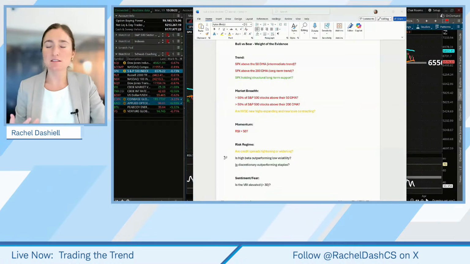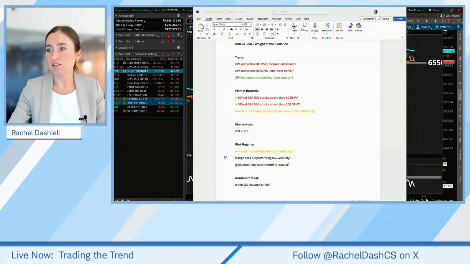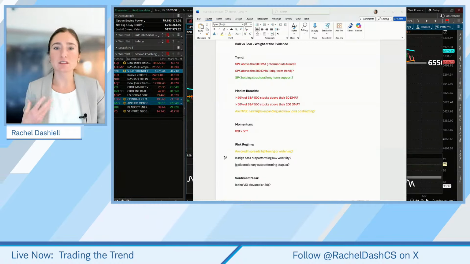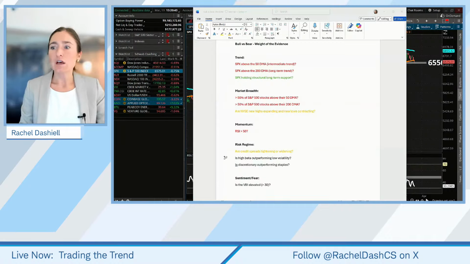So high beta stocks need liquidity, they need strong growth expectations, and they're going to be groups like the risk-on or cyclical groups such as technology and consumer discretionary. You're going to have financials there, you're going to have small caps, so they need that growth.